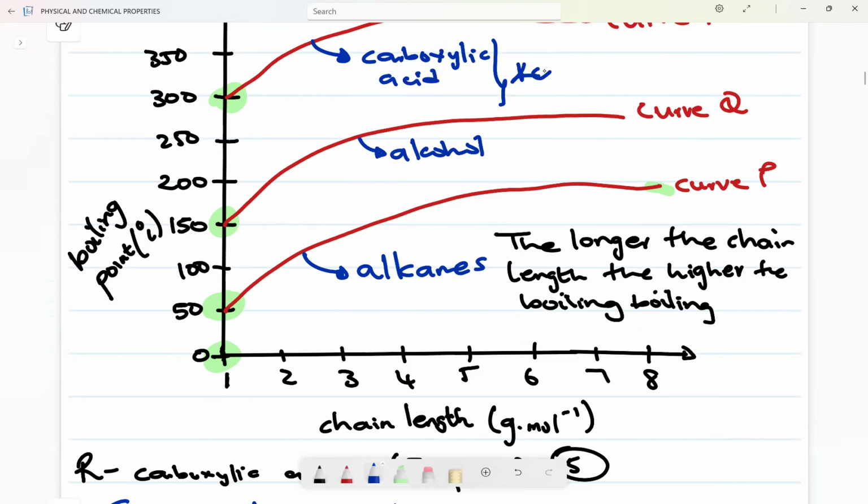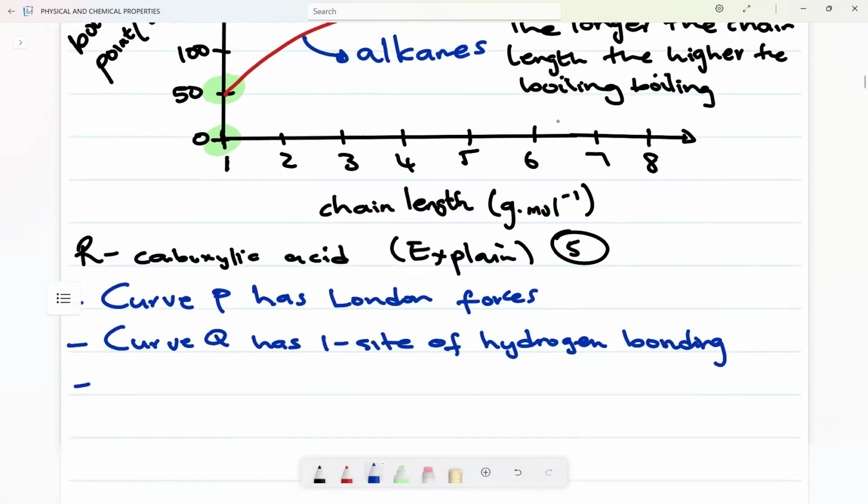it means I do not have the necessity to say alcohol has one site, because I'm comparing it to other intermolecular forces. But if I'm comparing the hydrogen bonding of two different compounds, like this one, I'm going to say Kev P has London forces, Kev Q has one side of hydrogen bonding, and Kev R has two sides of hydrogen bonding.